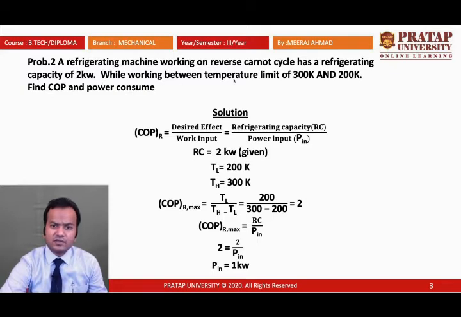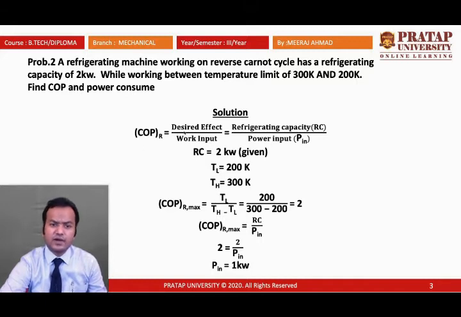It works between temperature limits of 300 Kelvin as the higher temperature and 200 Kelvin as the lower temperature. Find the COP and the power consumed. The question itself says the reverse Carnot cycle is an ideal cycle that gives the maximum COP between these temperature limits, and RC is also given.